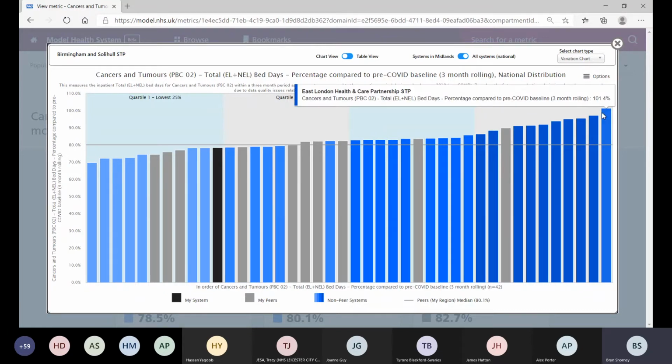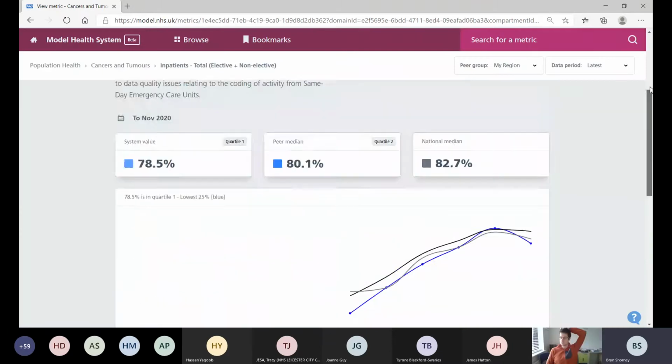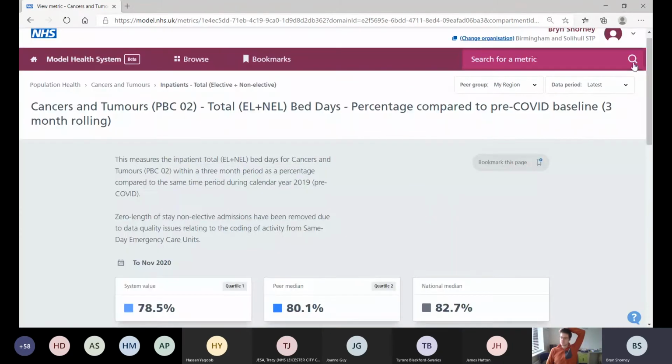East London Health and Care Partnership have done very well at turning the activity back on for cancer and tumours, but they would obviously need to consider that alongside their baseline rate for the 2019 calendar year, and consider whether that is something that needs to be increased or reduced. There are a few more elements that I'd like to show, but I'll just pause there and take any questions.